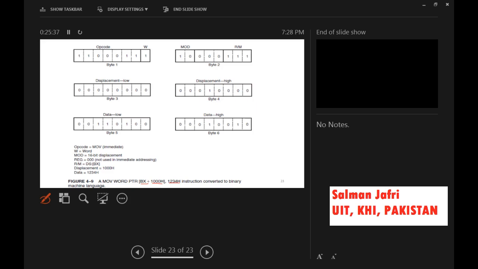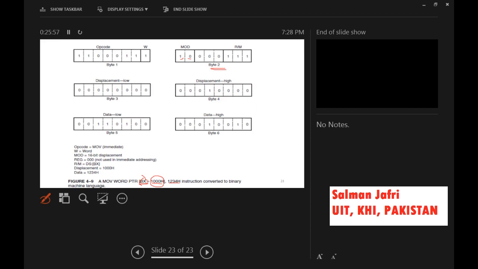Now let's look at byte 2 first. Mode 10 has been selected for this particular instruction. Why? Because we have BX in brackets and we have a displacement in brackets.